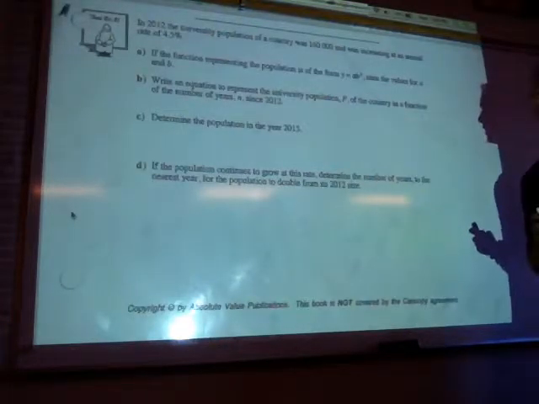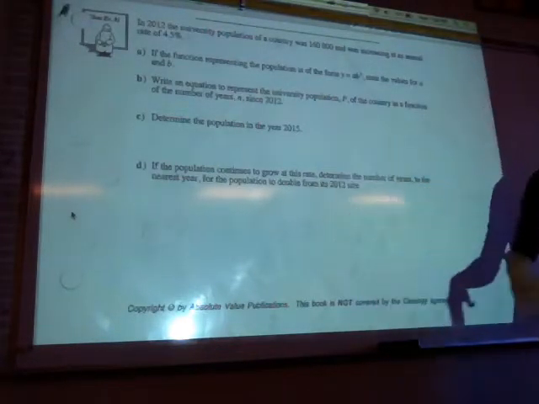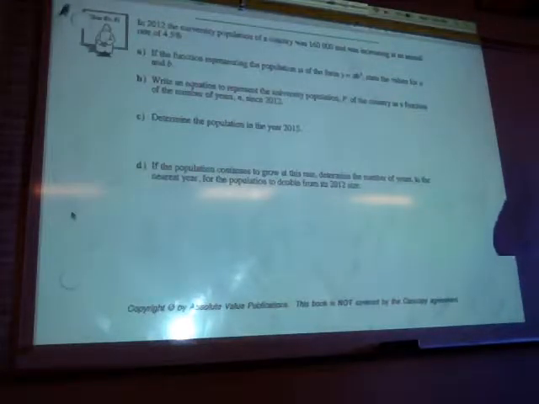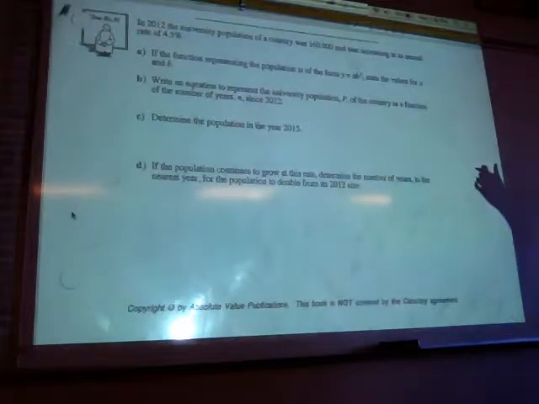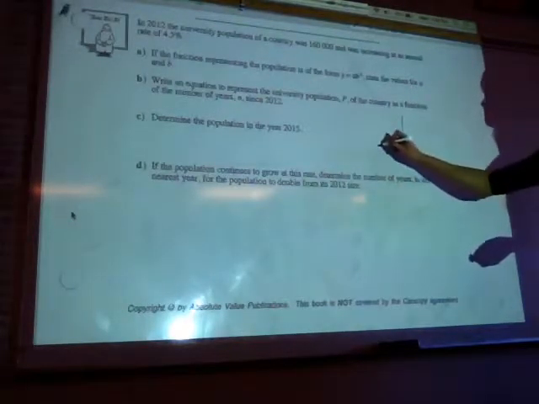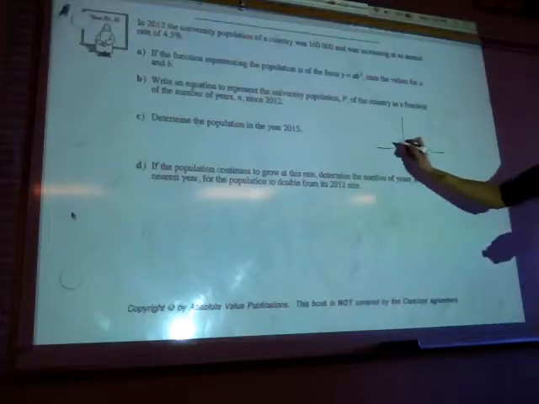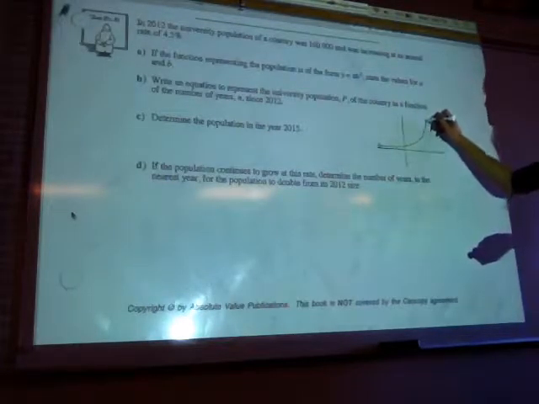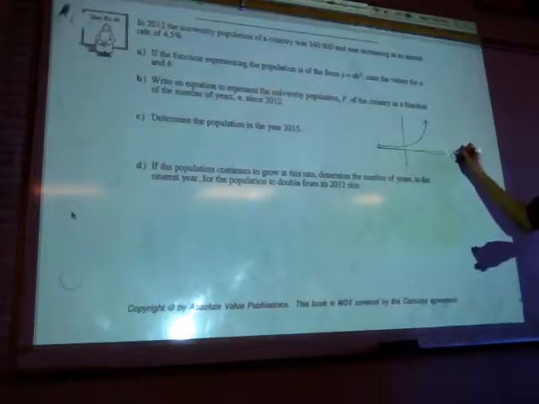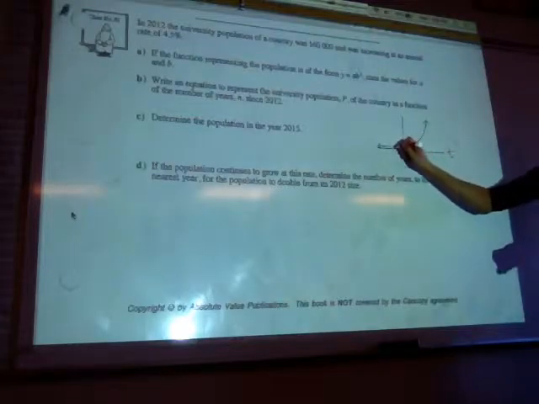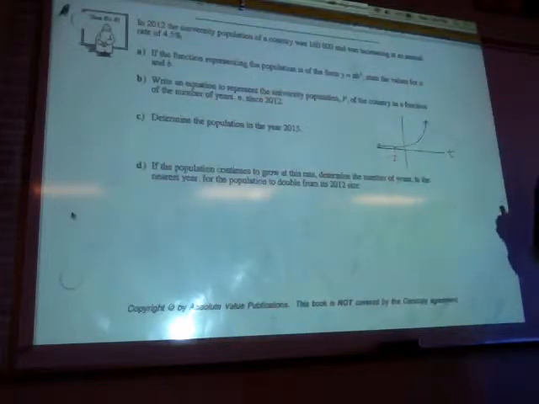So one thing I didn't note earlier when we were talking about the base graph of y equals a times b to the power of x was what quadrants all these types of questions will be applicable in. Okay, so I'm just going to draw a quick example. Say this is your exponential function, and we're now talking about time. If my x-axis is the time, would I ever have negative time?